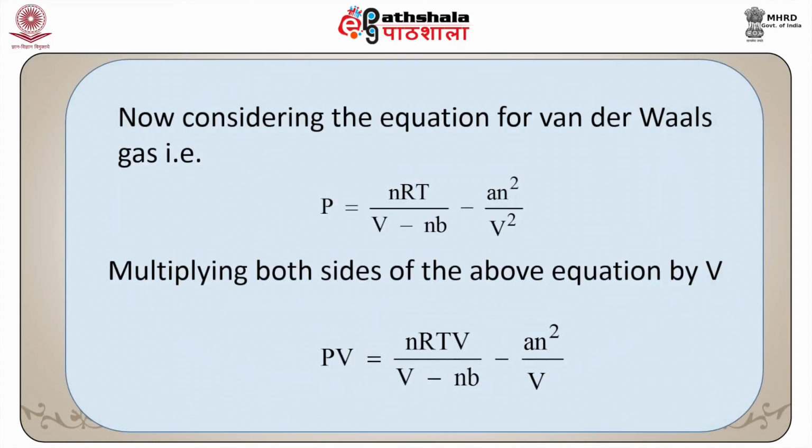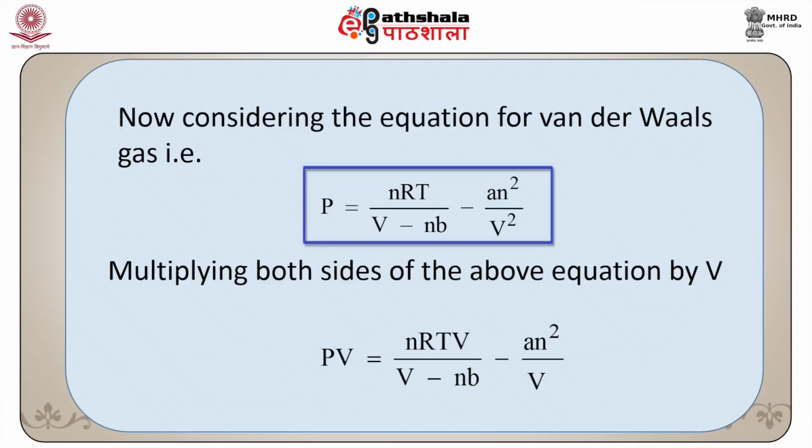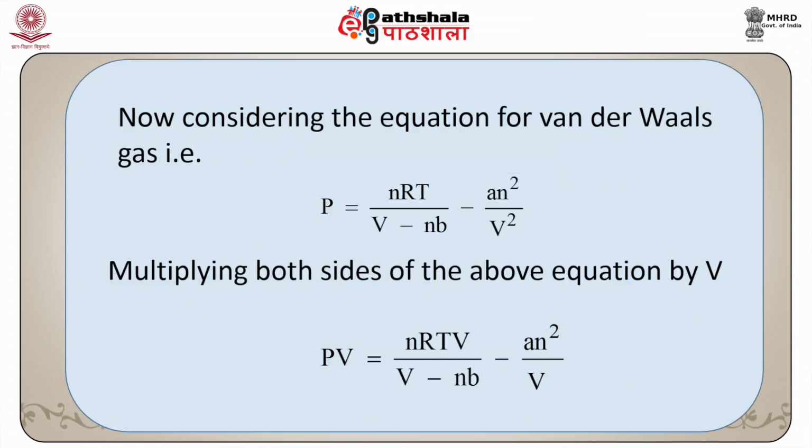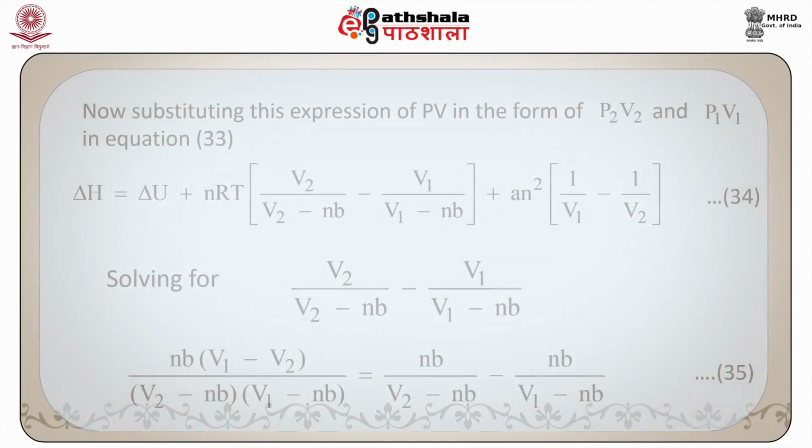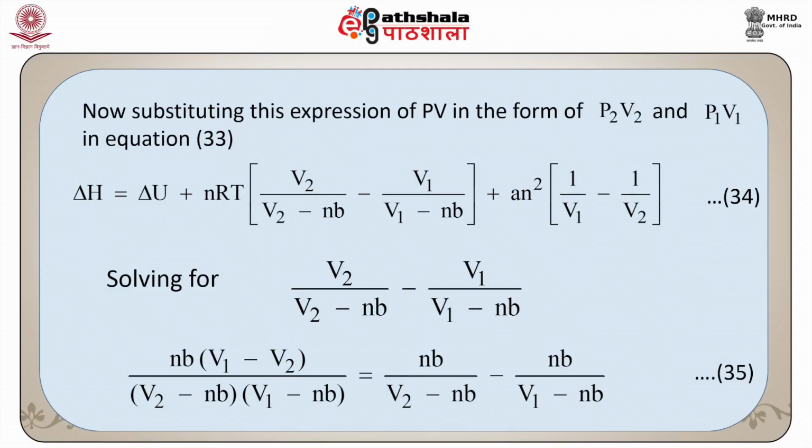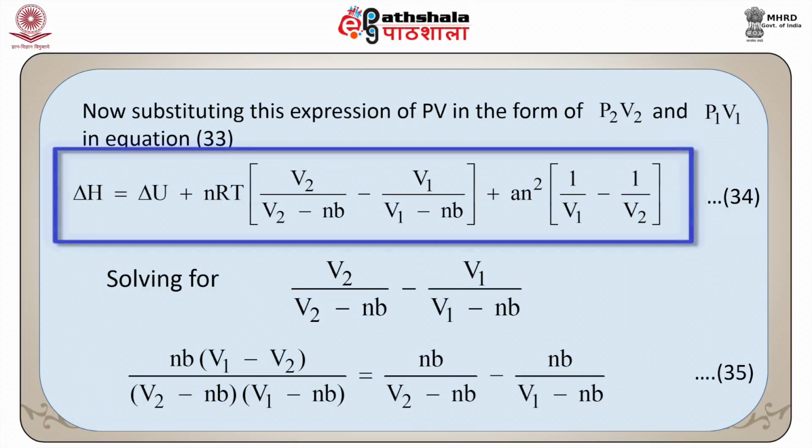Now considering the equation for a van der Waals gas, P = nRT/(V − nb) − an²/V², multiplying both sides by V and substituting the expression of PV in the form of P2V2 and P1V1 in equation 33, we get delta H is equal to delta U plus nRT times (V2/(V2 − nb) − V1/(V1 − nb)) plus an² times (1/V1 − 1/V2).